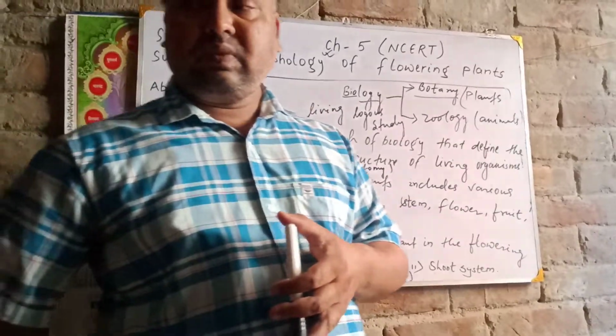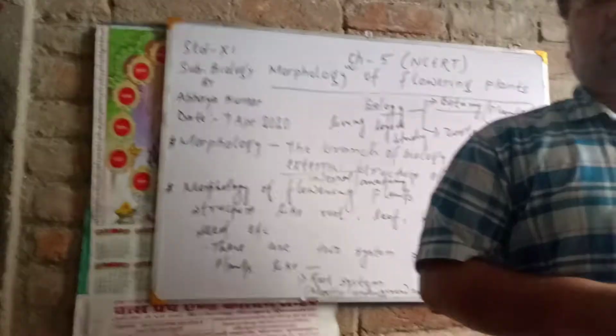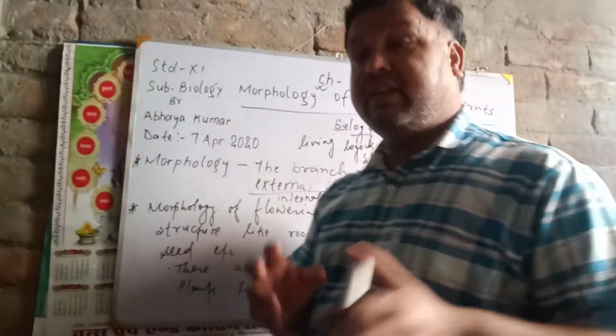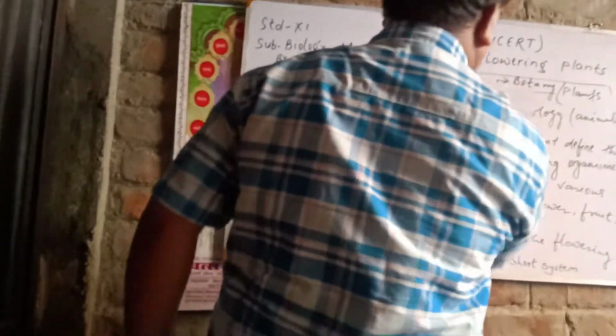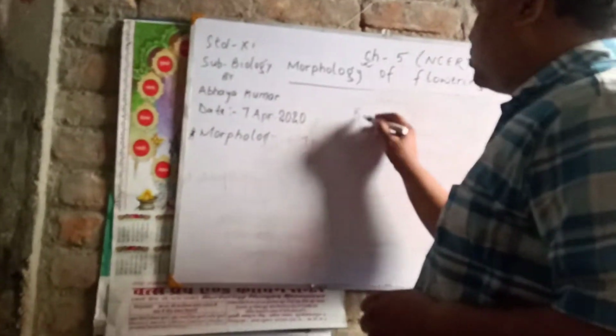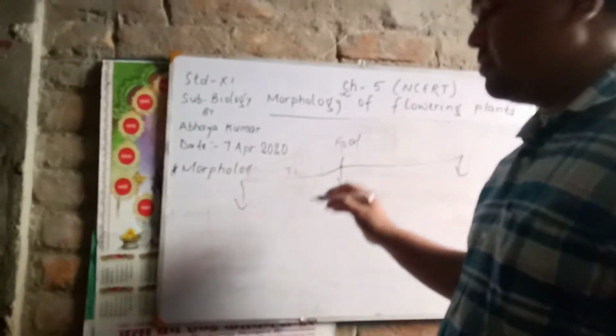When we talk about root, there are three types of root present in any plant. Roots are of three types.